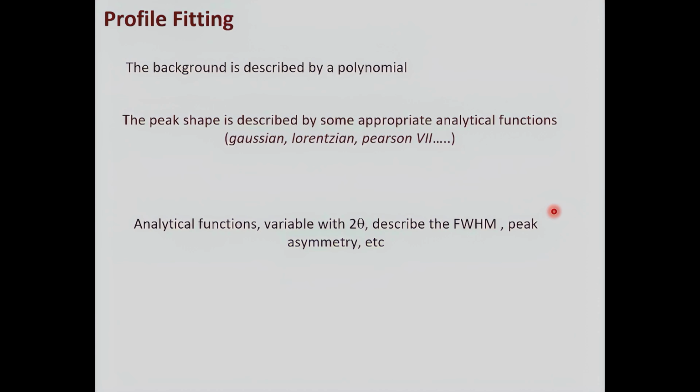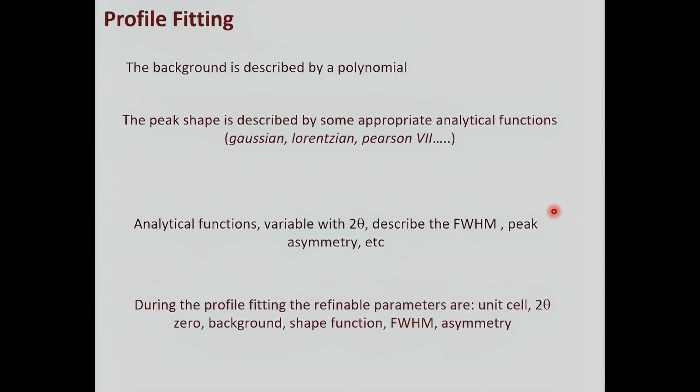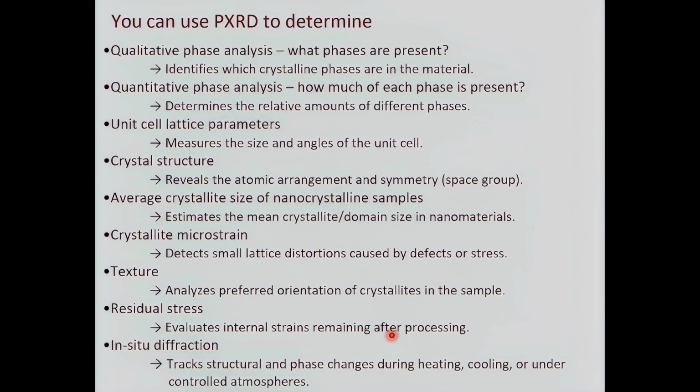For the full width at half maximum of your peak, we use also some functions which depend on 2 theta, for example, the Caglioti formula that I suppose you know. And during the profile fitting, what do we minimize, what do we refine? Obviously, we refine the 6 cell parameters, the 2 theta zero, the background, the FWHM, the asymmetry, and so on.